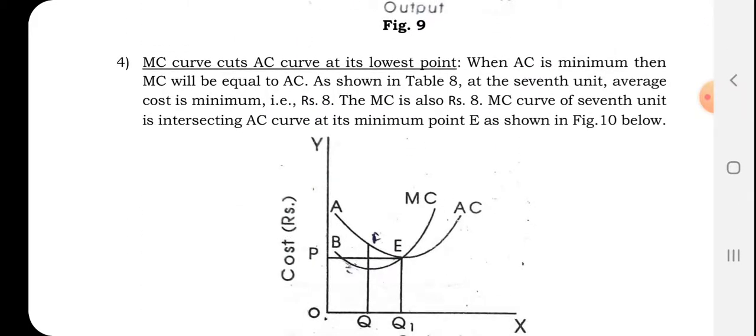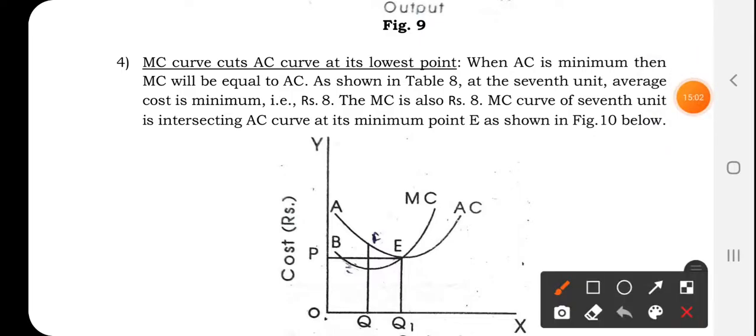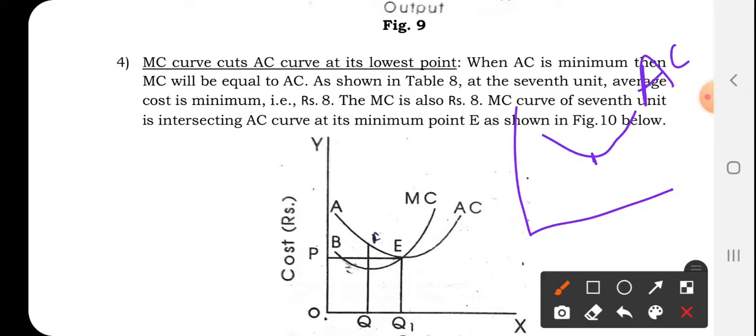The marginal cost curve cuts the average cost curve at its lowest point. As I have told you, this is your average cost curve and this is the minimum point, and at this minimum point the marginal cost curve is cutting.